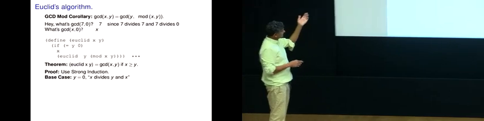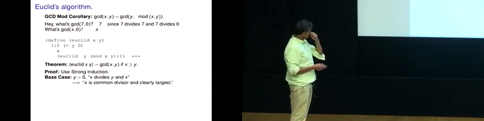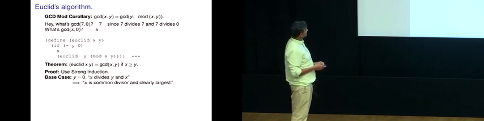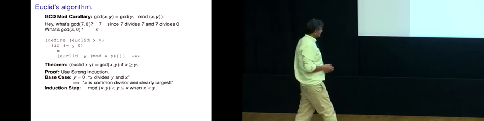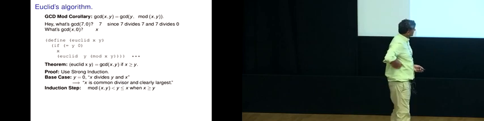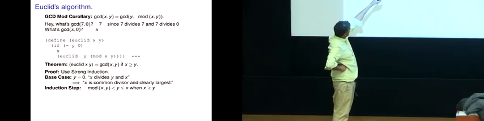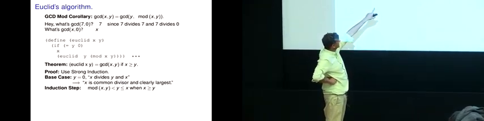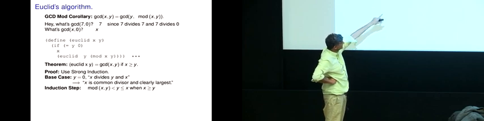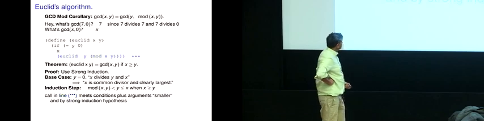If y equals 0, then we're done. x divides y and x, so x is a common divisor and clearly the largest, because x is greater than or equal to y. Now the induction step: mod xy is less than y, which is less than x. So it's valid to call this program with the arguments in this order, with the larger argument first and the smaller argument second.